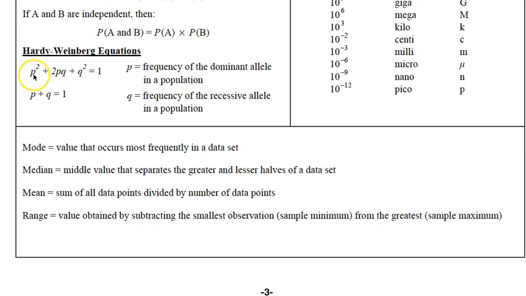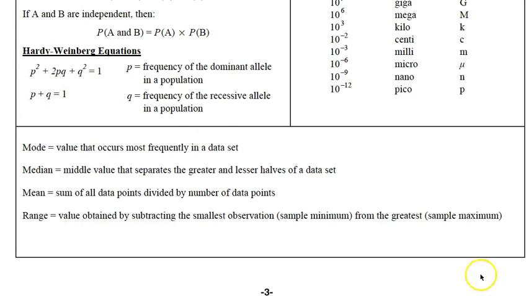So P squared is all of the homozygous dominant, in the case of my red crested feathers, big R and big R. Q squared would be all the individuals that are homozygous recessive, little r, little r. So that's where the Q squared comes from, and 2PQ is all the individuals that are heterozygous. So what we're after in this problem is the number of alleles that are dominant and recessive.